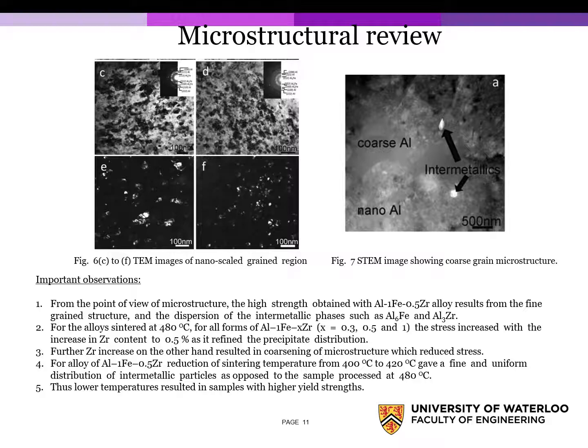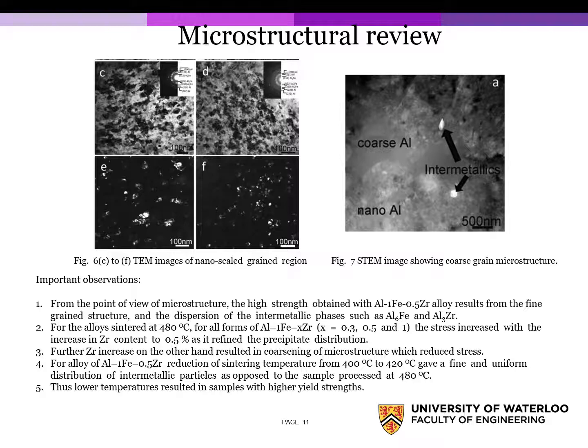For the alloys sintered at 480 degrees Celsius, for all forms of Al1FeXZr, the stress increased with the increase in Zr content to 0.5% as it refined the precipitate distribution in the alloy. Further Zr increase, on the other hand, resulted in coarsening of the microstructure, which reduced stress.